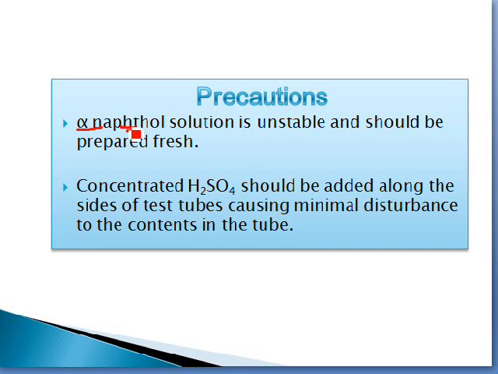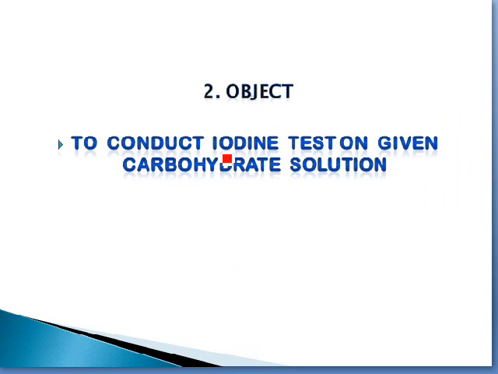Alpha naphthol solution is unstable when made in ethanol, so it must be prepared fresh. Concentrated sulfuric acid should be added along the side of the test tube, causing minimal disturbance to the contents of the test tube.